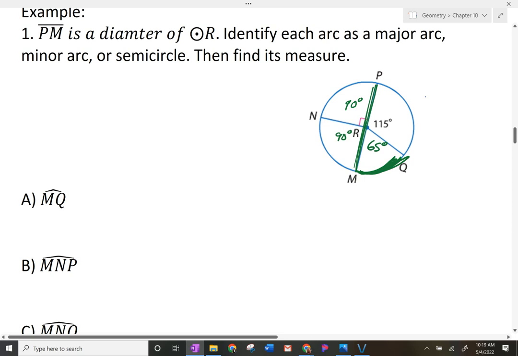So if it's less than that, this will be a minor. So this one's a minor. Okay, and then how many degrees is that one? 65 degrees. Okay, let me erase that part.